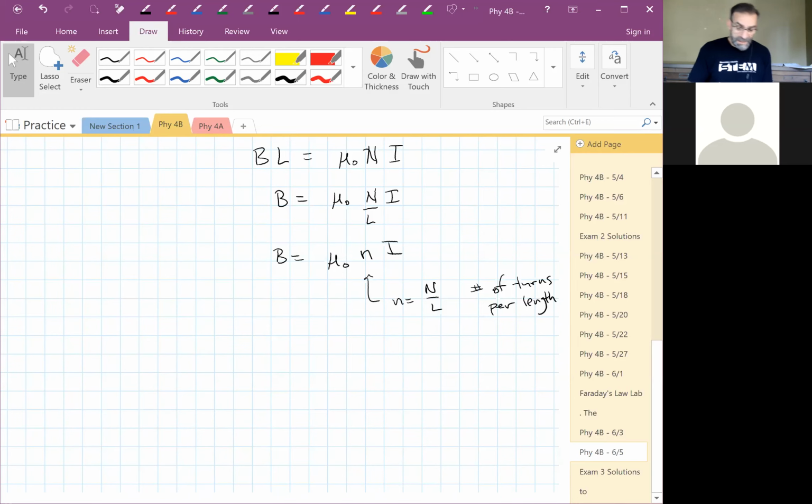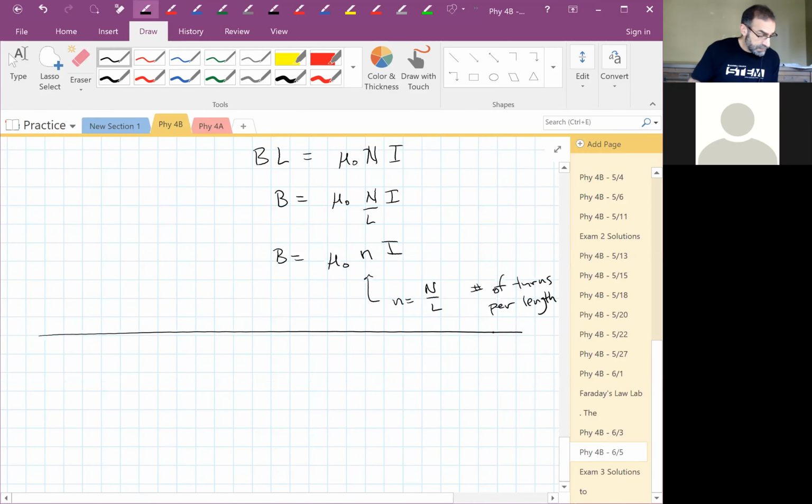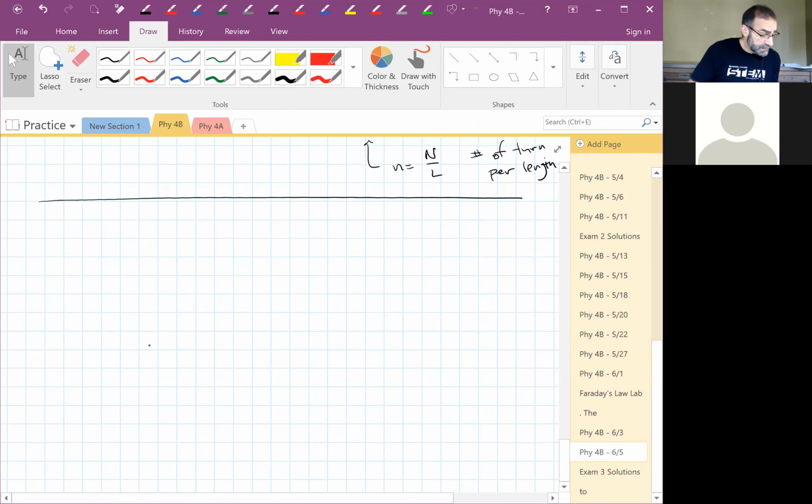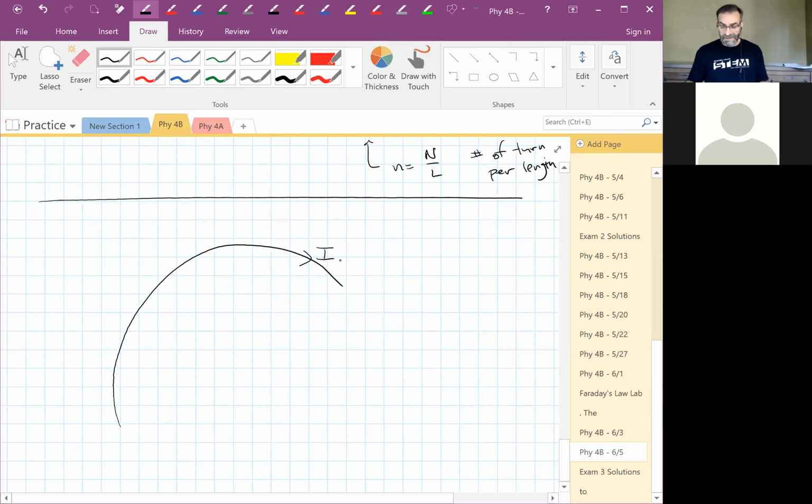All right, so one thing, if we were to use a curved path, now let me make it a little. If we had a curved path like this for our current, the magnetic field is going to form loops around this current carrying wire.